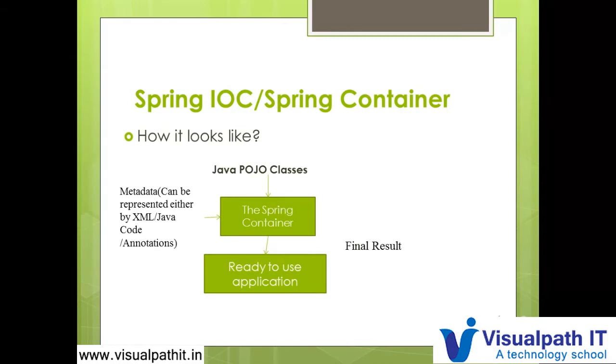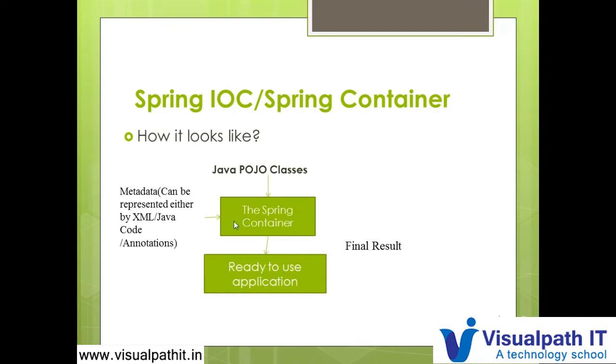Now let's see how exactly what we learned about the Spring IoC container looks. Plain old Java classes, or Java files, are the inputs the Spring container takes, in the form of Java POJO classes, and the final result will be a ready-to-use application.